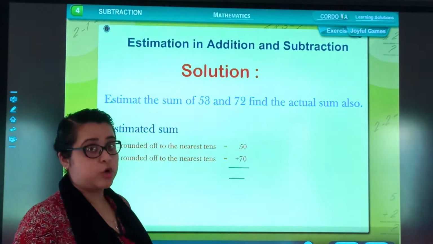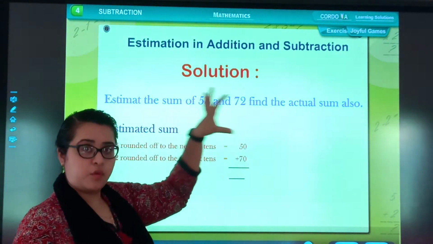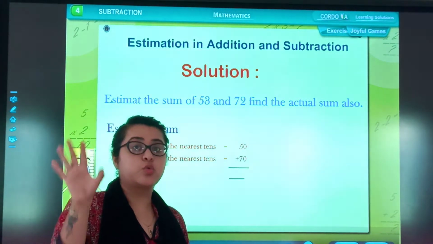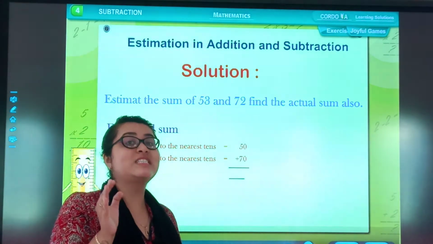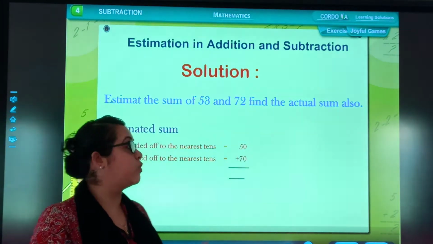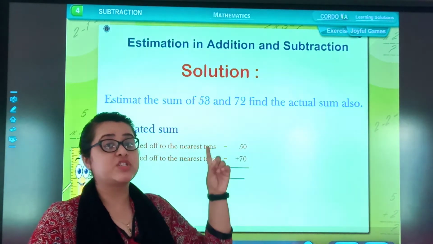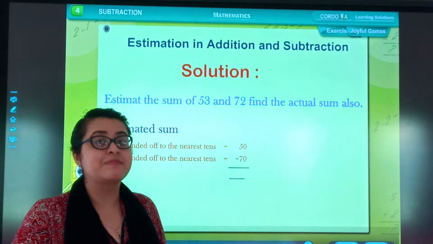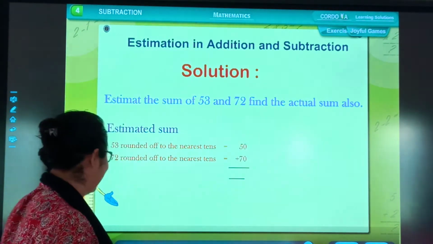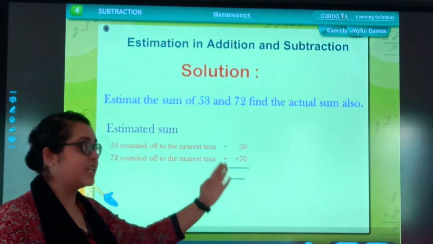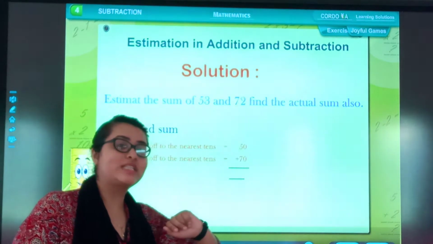Now when we focus on 72, we observe that the ones digit is less than 5, so we will round it off as 70. Okay students, remember our first chapter concept, exercise 6? Yes.